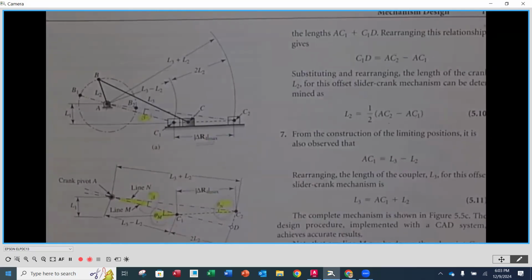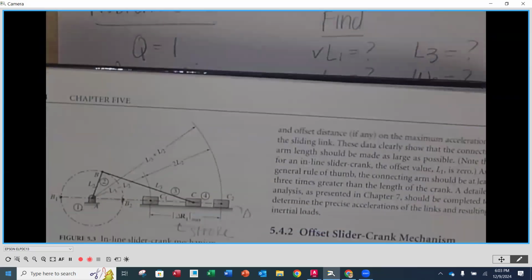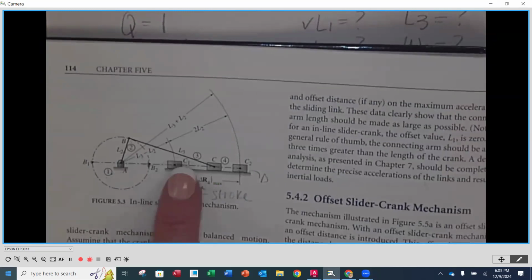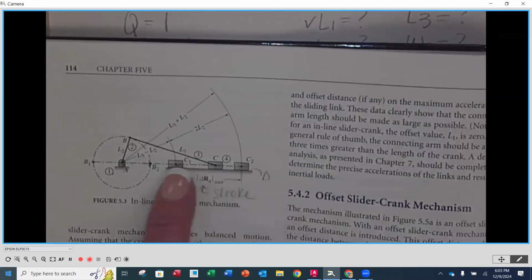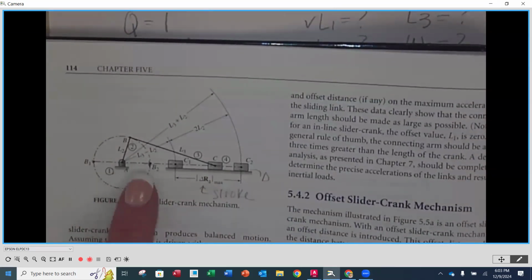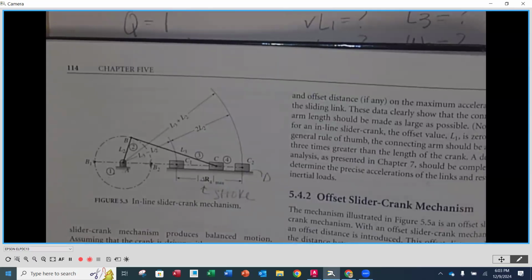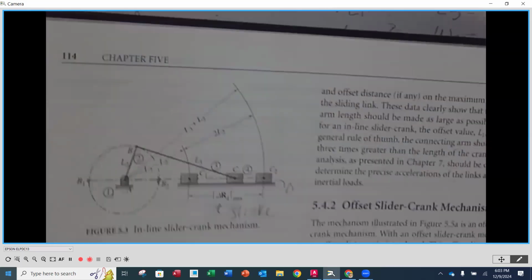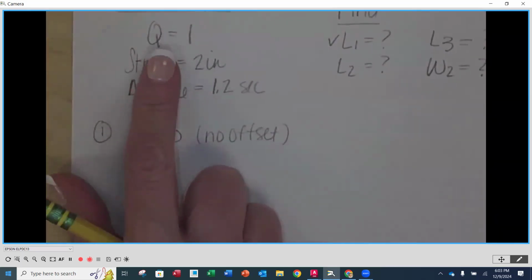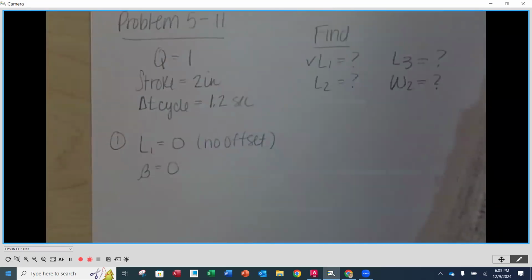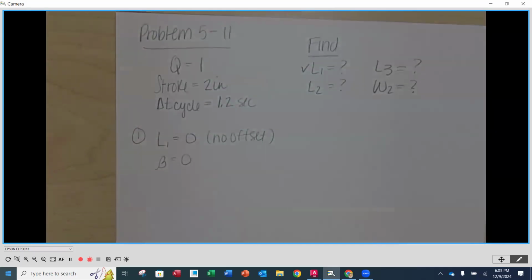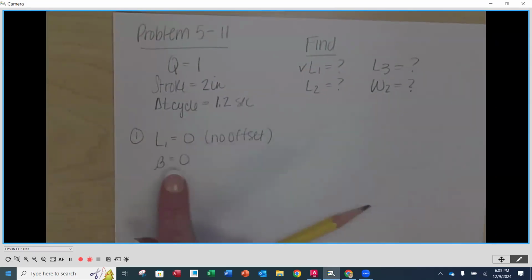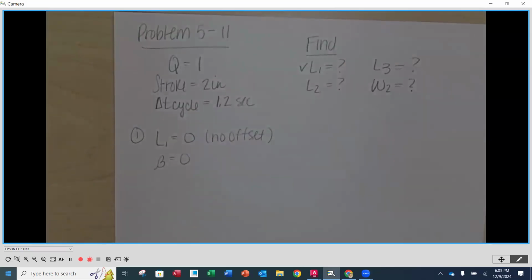Because we have an inline slider crank, when we're in the outboard position and the inboard position, there's no angle between those because they're in line with one another. That's why beta is 0. So when Q is 1, we know it's going to be an inline slider crank, which means that there's no offset and there's no imbalance angle. There's no beta. So we know those right away.